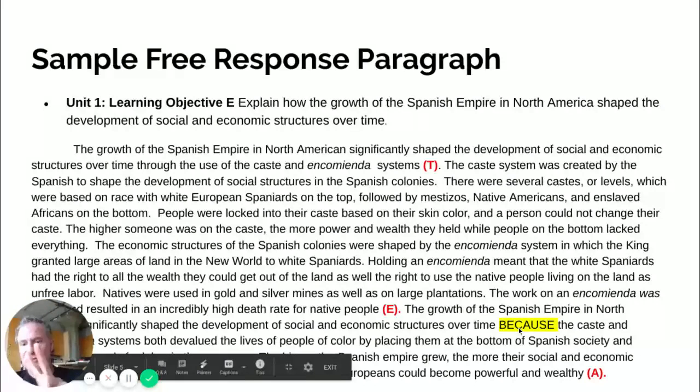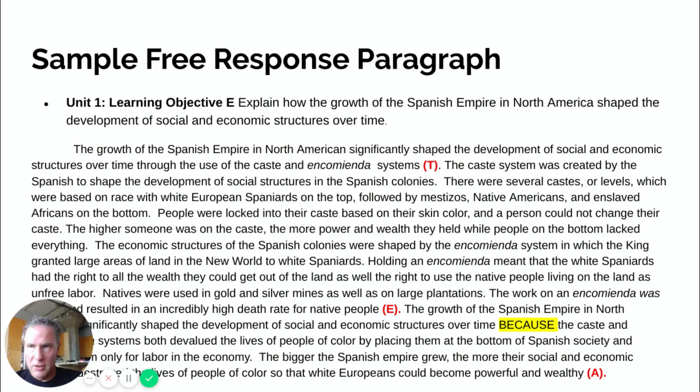Finally, your argument is worth 2 points as well. 2 points for a very strongly worded argument. It has a because statement, and it explains the thesis. It describes the impact of the historical evidence. Arguments are hard, so you may come close but not quite get there 100%. That's okay.